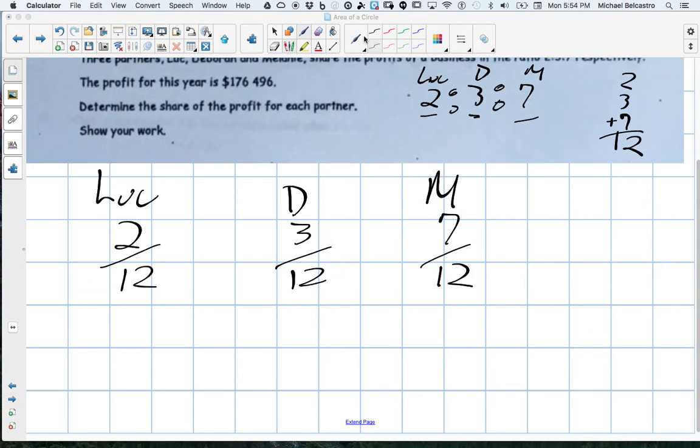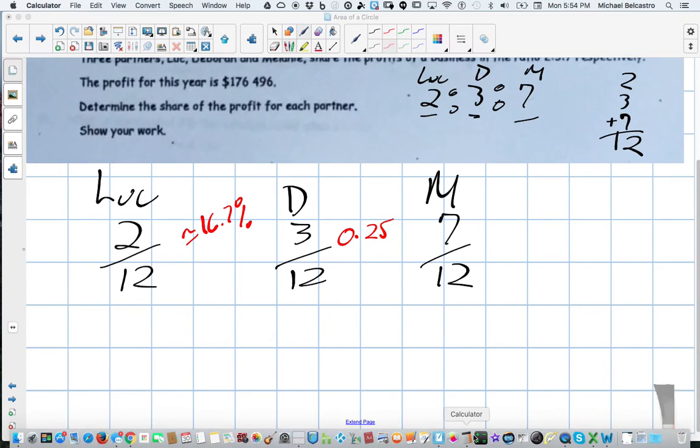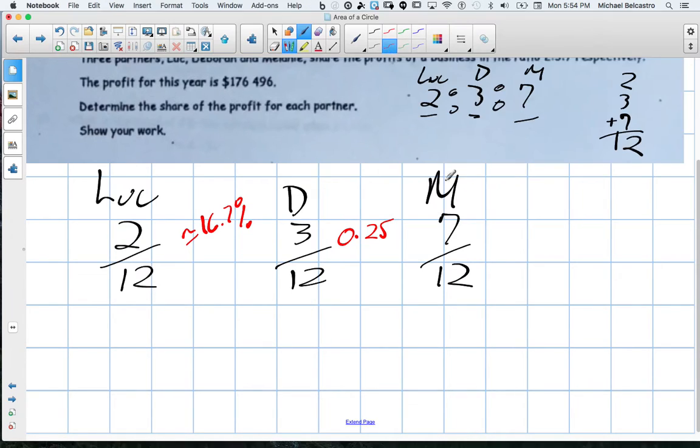It'd be approximately 16.7%, which means one of these is going to be a decimal value that's not super nice. 3 divided by 12 is 1/4, so 25%. And 7 divided by 12 is 0.583 repeated, so approximately 58.3% repeated.